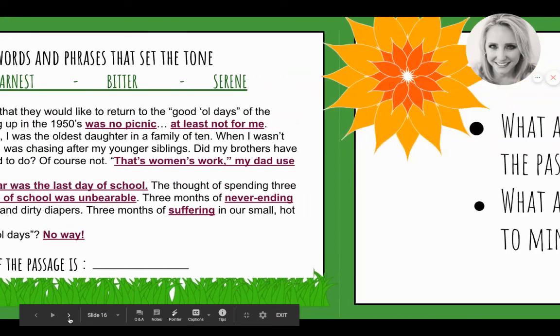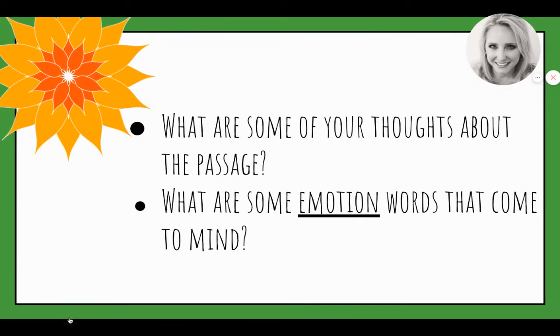If you were feeling something as you were reading this text, that would be great. Because I want you to think about some of your thoughts about the passage. And although we can't share them right now, maybe we'll share them during our class meeting. But I want you to think, did you think it was fair?